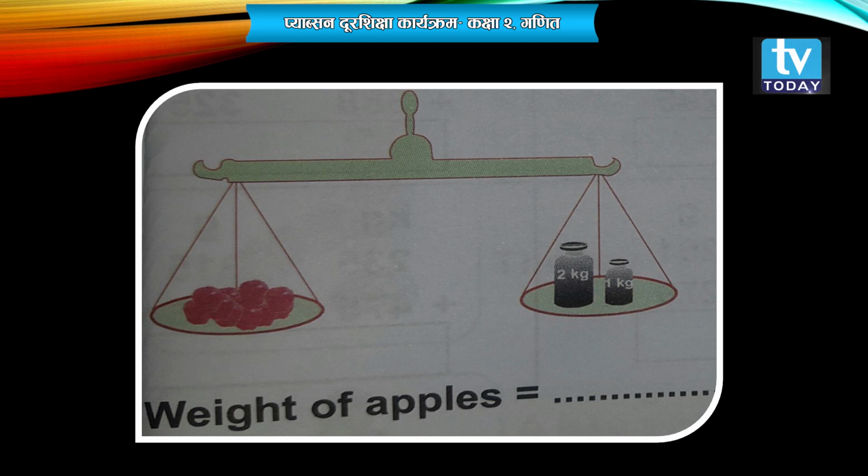In another side, the standard weight is kept. Have you seen that standard weight? How many kg is there? See, students, 2 kg and 1 kg. Now tell me, what is the weight of that apple? 2 plus 1 kg, it's 3 kg. The weight of that apple is 3 kg. Okay?